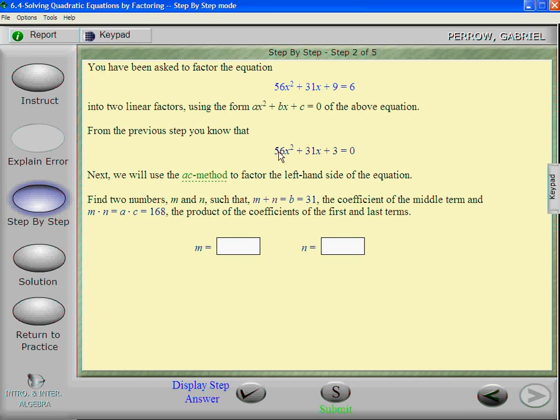Okay? And then they remind us that their method of choice is that you multiply the outside numbers together. 56 times 3 is 168. Can we think of two numbers that multiply to give us 168 and add up to the 31 that's in the middle position? So let's think of combinations. You're not going to be able to necessarily do that in your head, but you can systematically test things that will divide into 168.